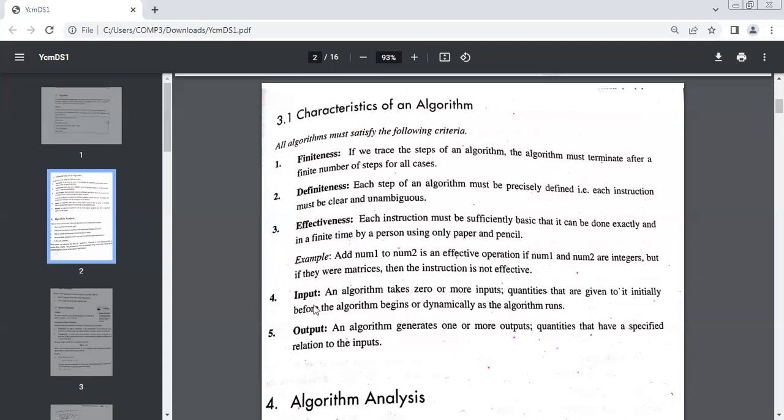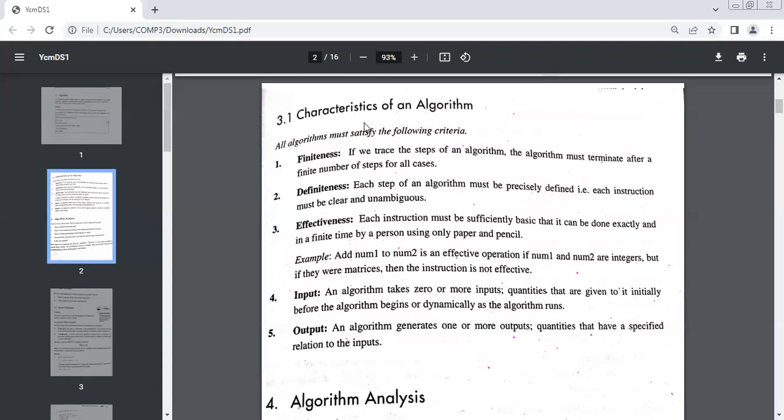Now the next characteristic is input. Every algorithm takes zero or more inputs. And the last characteristic is output: every algorithm generates one or more outputs.